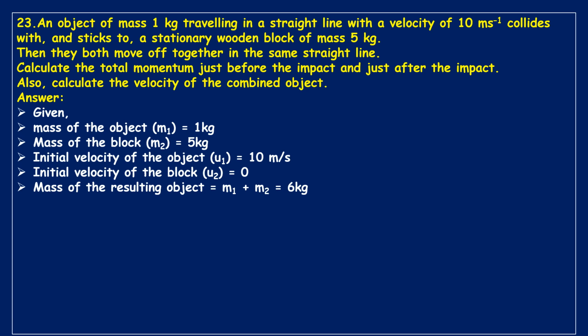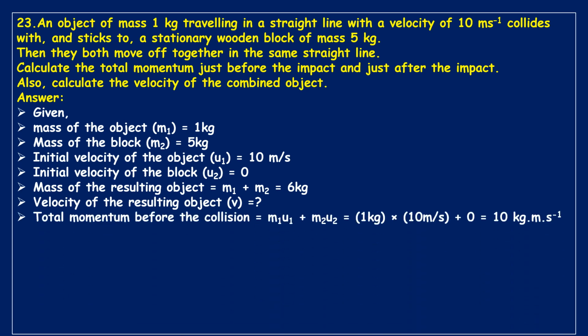Object 1 is 1 kg, object 2 is 5 kg, total 6 kg of mass. Now the velocity of the resulting object, the final velocity after collision, is to be calculated.